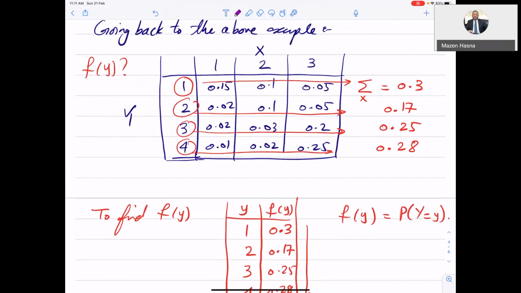So again, in very similar manner, if you want x, you sum across all values of y. For 2, you sum here like this. For 3, you sum. So for 1, it's 0.15 plus 0.02 plus 0.02 plus 0.01. So this is 0.2. And here 0.25. And then 0.25 plus 0.2, 0.45, 0.5, 0.55.